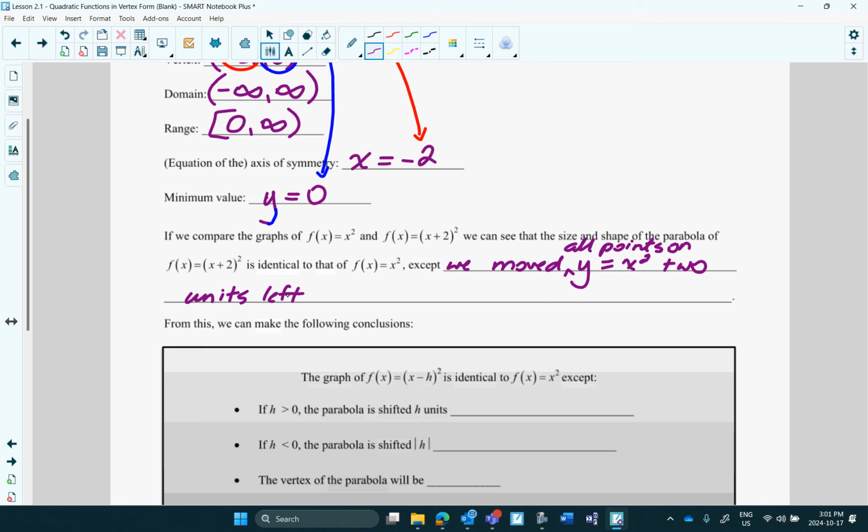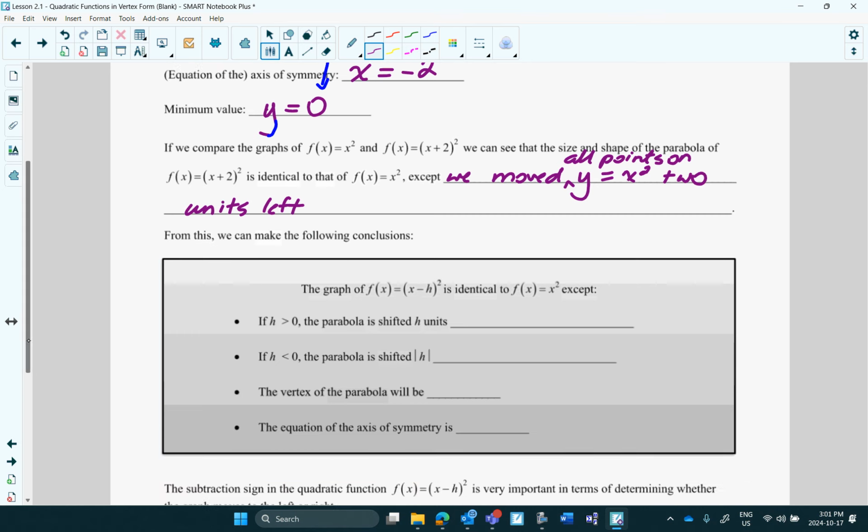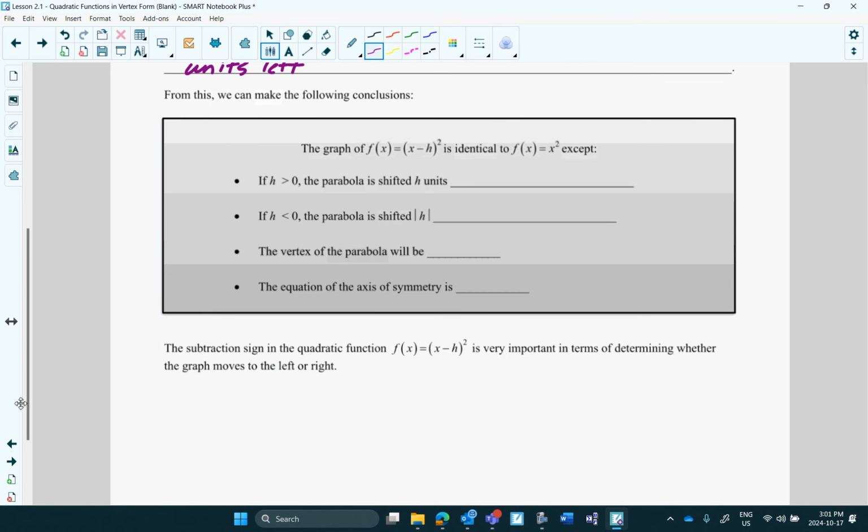So just to summarize again: if h is bigger than 0, that means if h is like 1, 2, 3, 4, 5, but there's still a subtraction, we shift to the right.